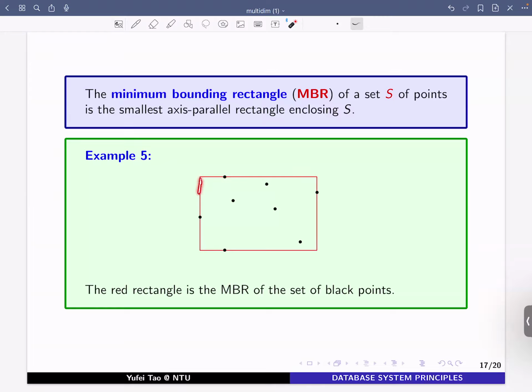For example, you cannot move the left edge anymore to the right because otherwise this point would not get covered. So these four edges are already tight. For example, if the upper edge was here, then you'd be able to move it down, and in that case it is not tight enough. But this one is already the smallest you can get, right? And therefore this is called the MBR, minimum bounding rectangle.